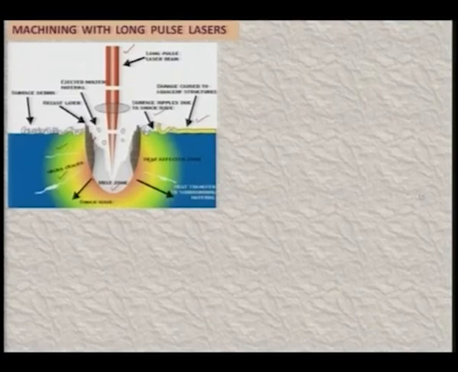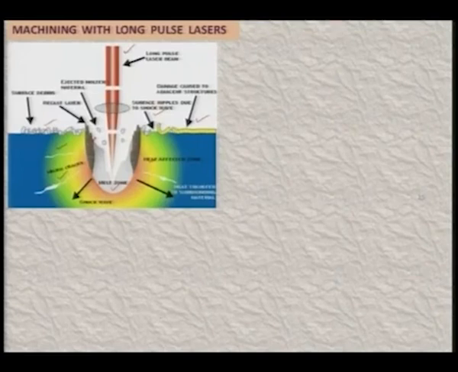Then surface debris: whatever material is removed, when it gets solidified, is known as surface debris, and it gets deposited at the top surface of the workpiece, and many times it becomes difficult to remove. And then you have the ejected molten material which solidifies and gets deposited on the surface in the form of surface debris.